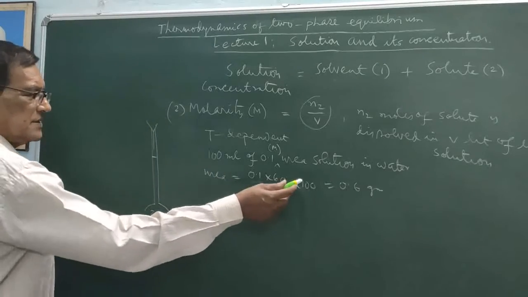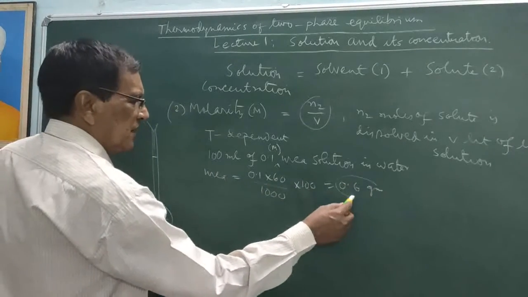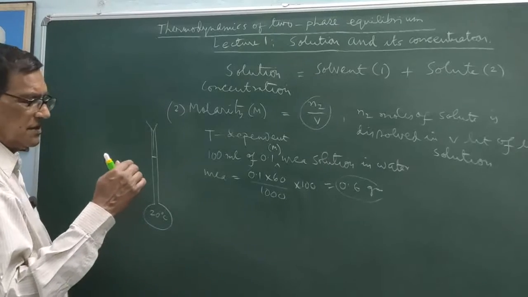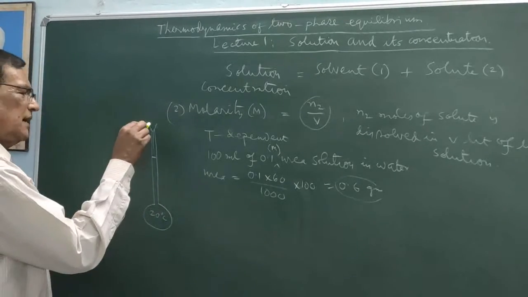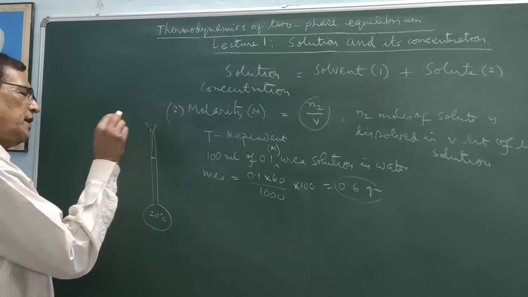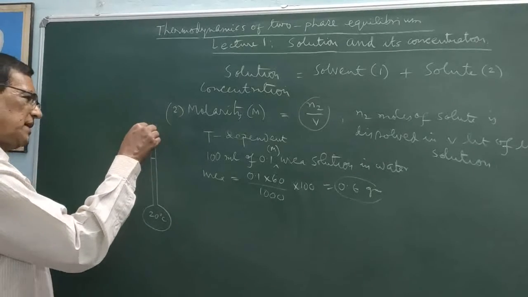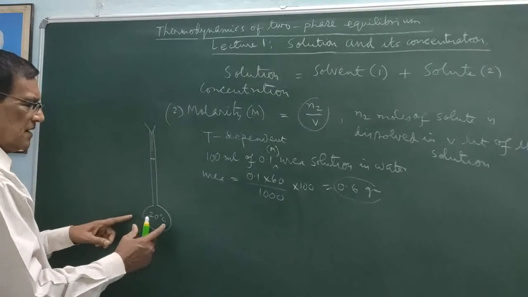This amount of urea is weighed in a chemical balance and put in the funnel, and water is added and stirred.